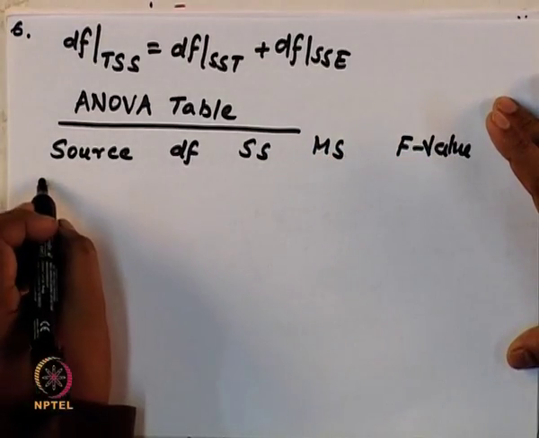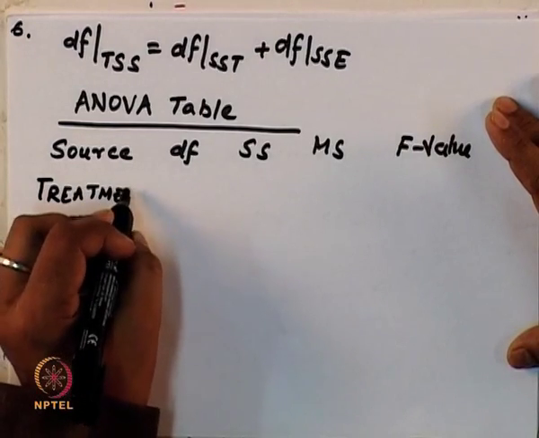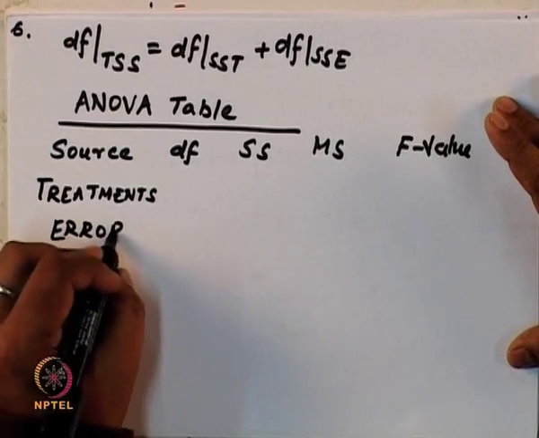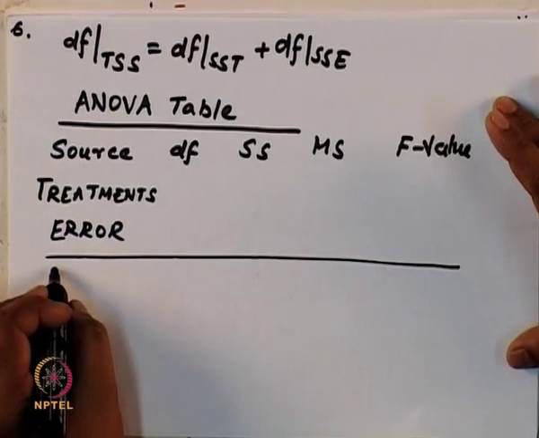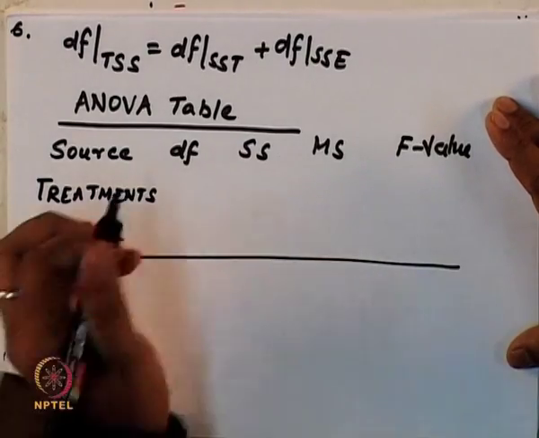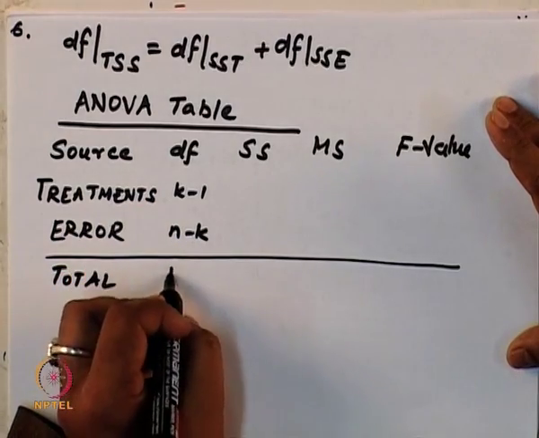So, what are your sources? Your sources include treatments, error, and in sum this is total. So, this is k minus 1, this is n minus k, this is n minus 1.